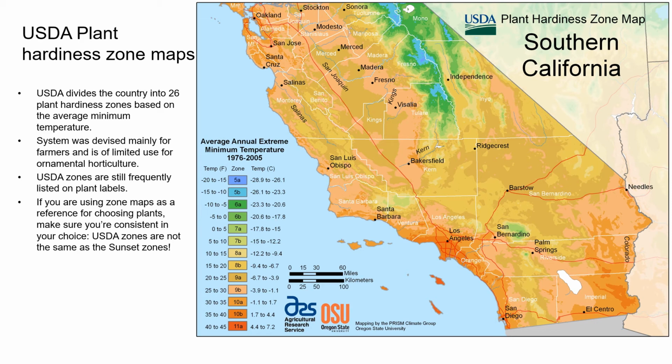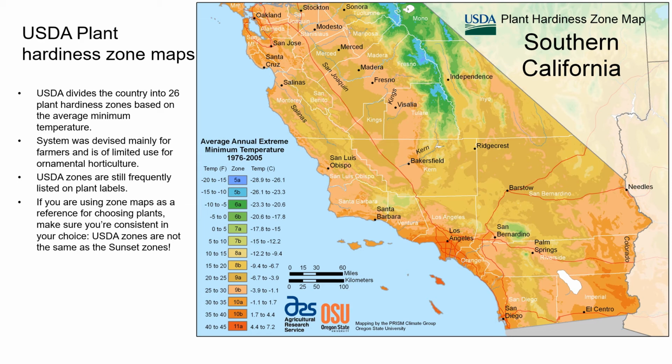The original purpose of the USDA plant hardiness zones was to enable farmers in the Midwest to plan planting of crops, and the only parameter taken into account for this was the average minimum temperature. This system divides the country into 26 plant hardiness zones based on the average minimum temperature.